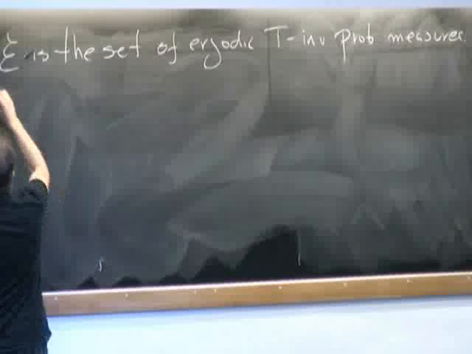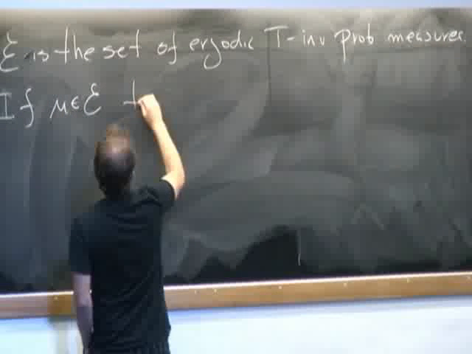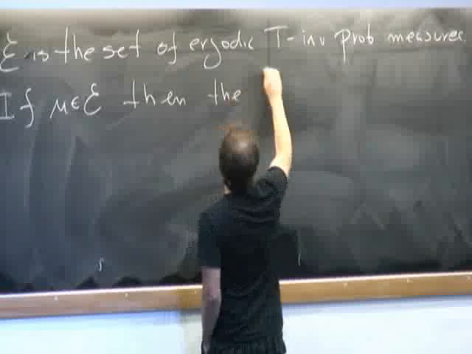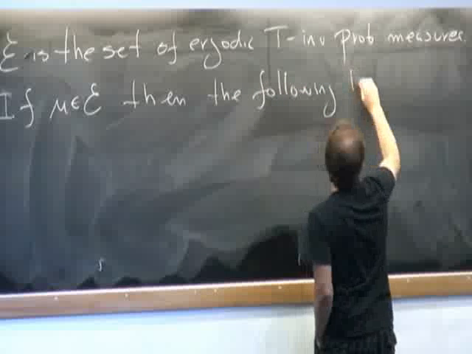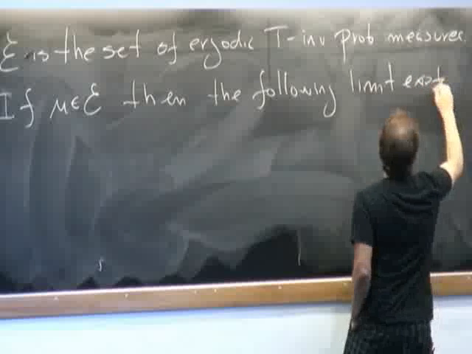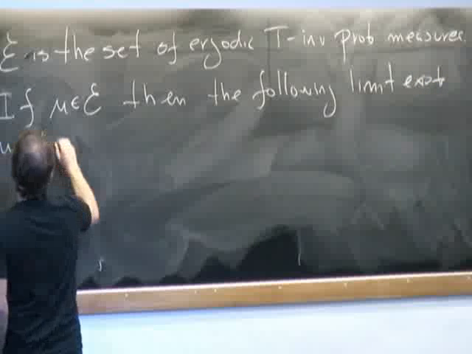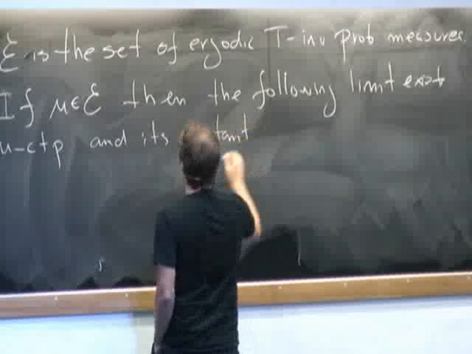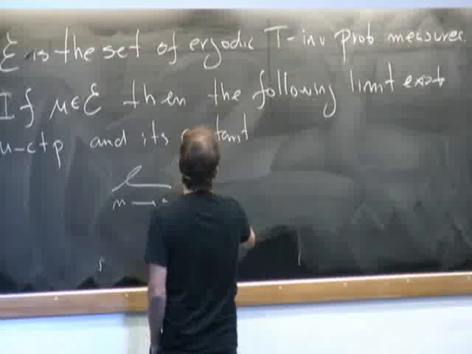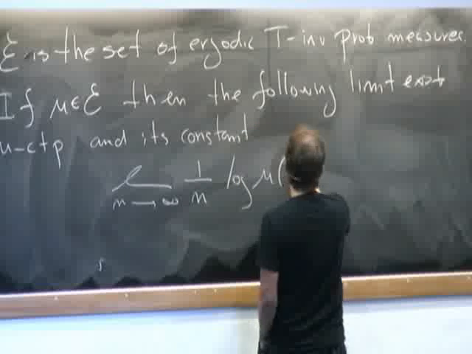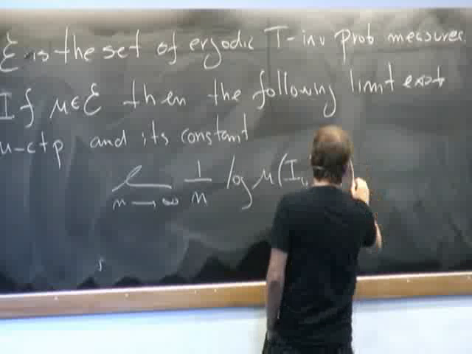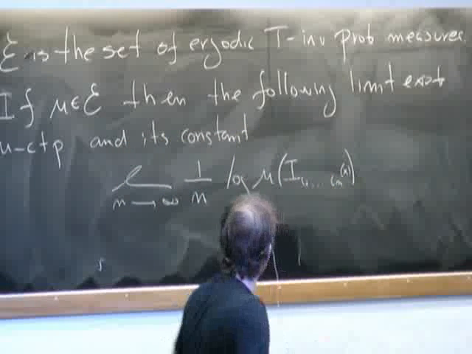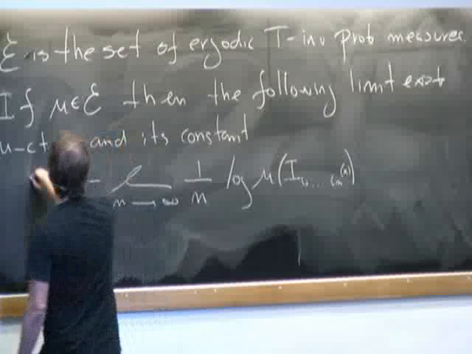So if mu is an ergodic measure, then the following limit exists and is constant, and here what I'm putting is the sets that Katrin defined, which are the cylinders that could shrink to a point. So I will call this the entropy of the measure.